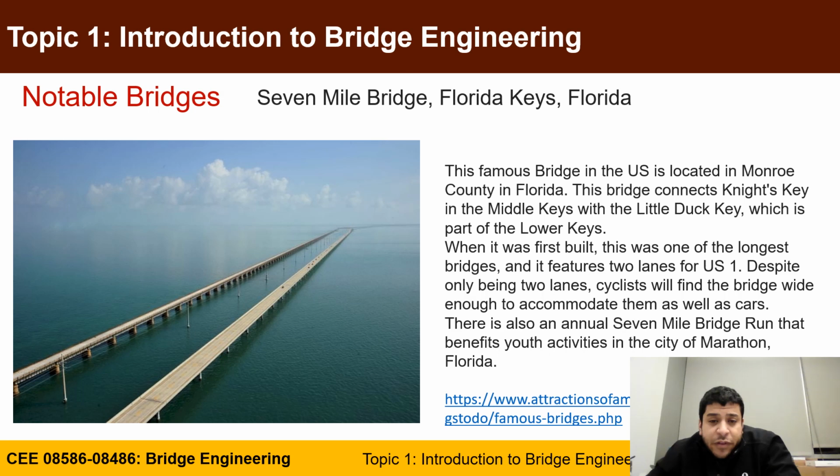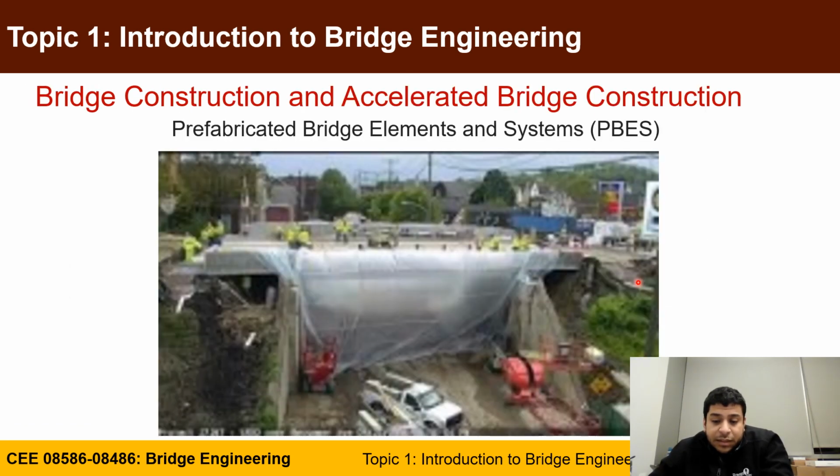And one of my favorite bridges, the 7 Mile Bridge in the Florida Keys, Florida, is a very nice bridge that connects the Florida Keys to the Florida mainland, and it has 7 miles of bridge that goes toward the Keys. I have provided some links if you want to know more about those notable bridges.